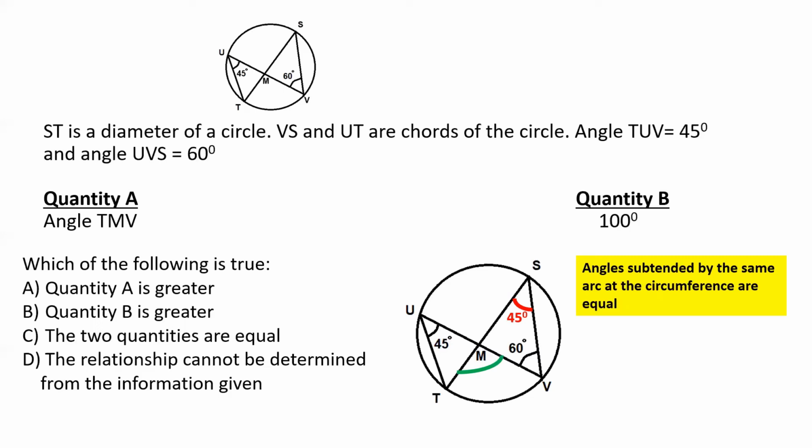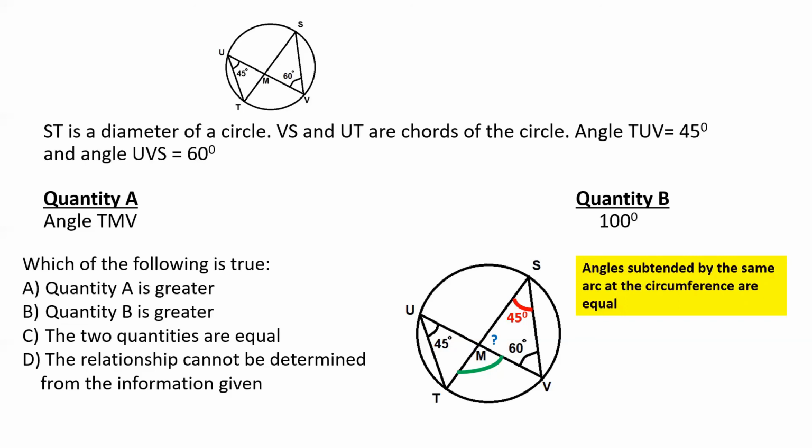And we have been asked to find what angle TMV is. We know that angle TMV and angle VMS should add up to 180 degrees, so they're supplementary angles, right? What about angle SMV, which is the question mark?